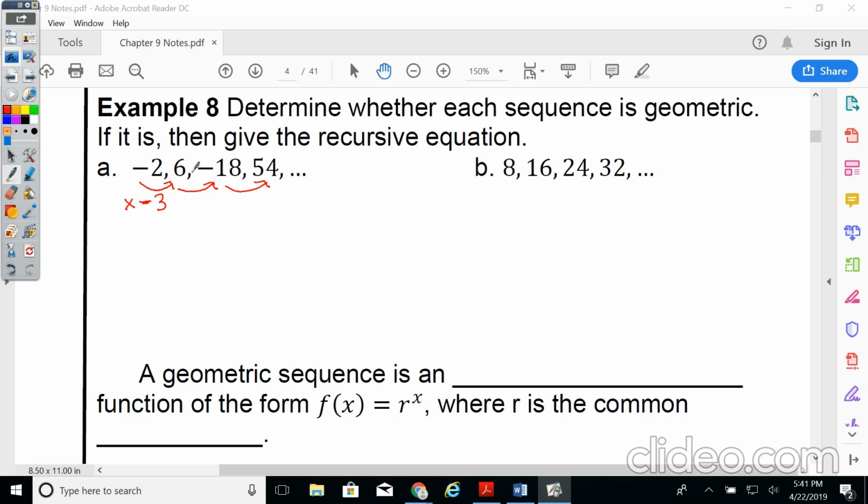So I'm going from a positive to a negative. So -6 times -3 is 18. A negative to a positive, so it's got to be a negative again. And 18 times -3 is 54. So because the ratio is the same, then we can say yes, it's geometric.